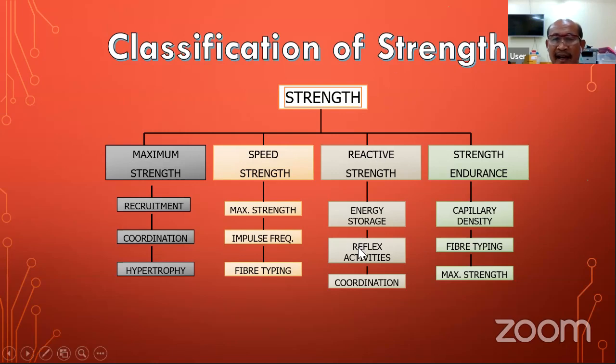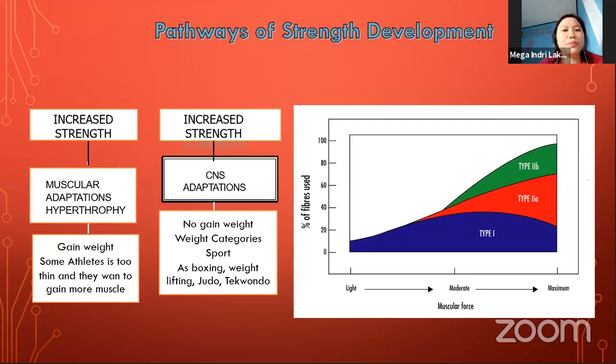We want reflex activation. We want to increase the ability of the reflex nerve so it can work better. It means our muscle can react to the ground faster. And then last but not least, very important, coordination.